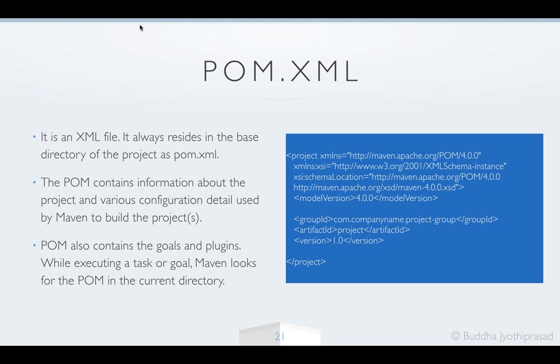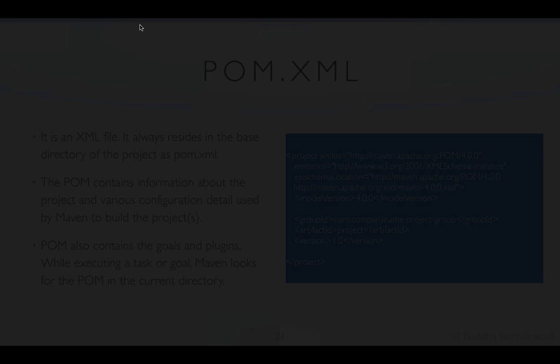All the compiled classes or the jar files that are generated will be placed in a folder called target, and all the classes will go into target/classes. This is just the very basic conventions defined by Maven. If you create your files in this structure and create a file called pom.xml, you will be able to achieve the build process. Now let me show you how we can create a Maven project first, and then we'll go into the details of these things.